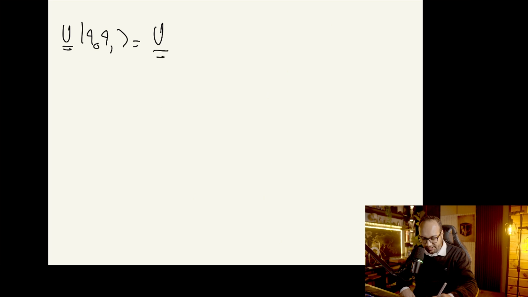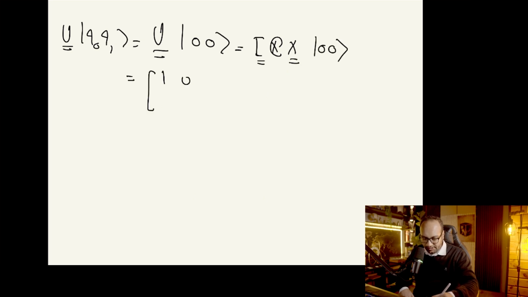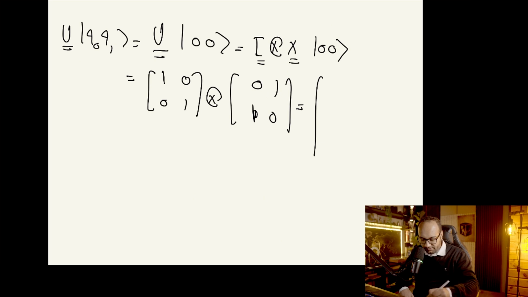This one is initialized in the ground state, so I can have here 0, 0. Then I have identity tensor X acting on 0, 0. This would mean that I have 1, 0, 0, 1 tensor 0, 1, 1, 0, and this acts on 1, 0, 0, 0, the column vector representation of the ground state.